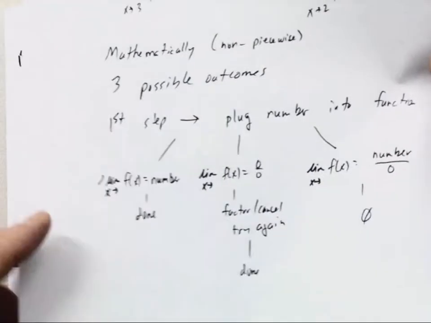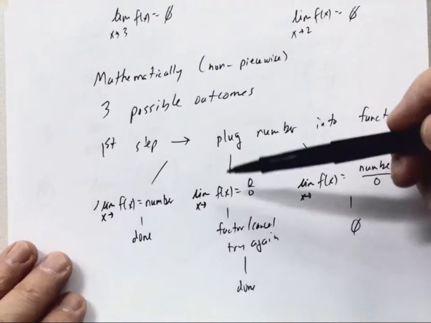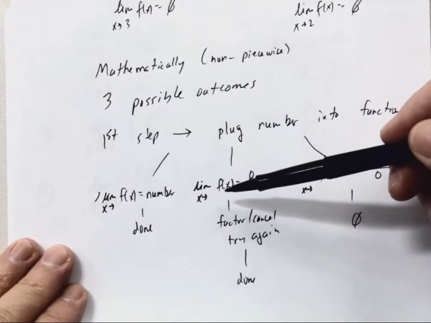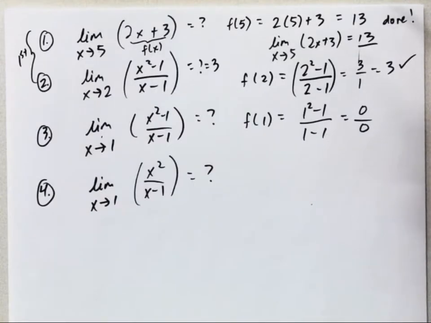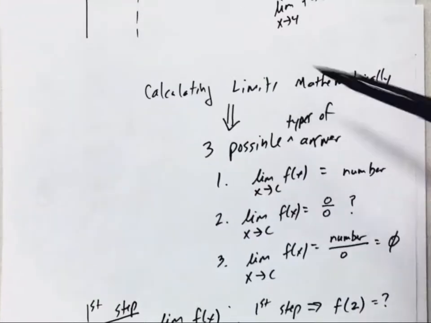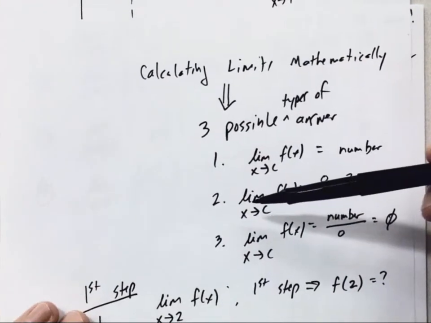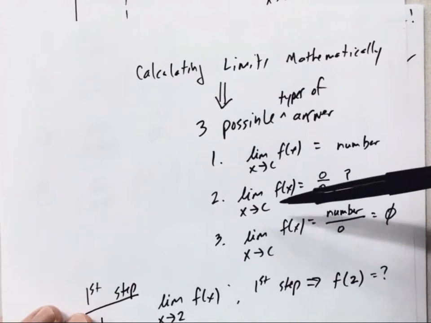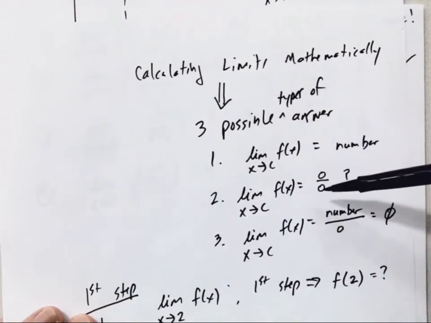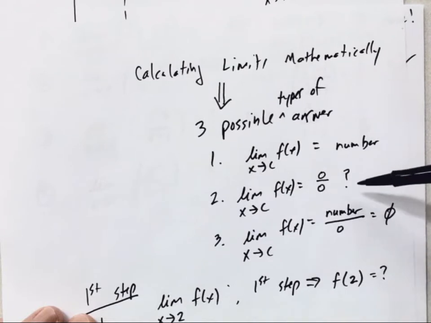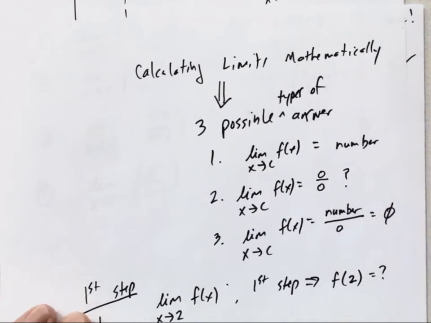But then I said sometimes when you try to figure out the limit, you plug in the number for x and you get 0 over 0. And then I said, what did we do here? Well, now we're going to talk about it.